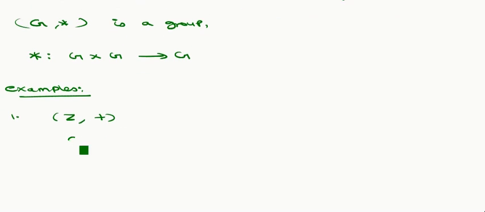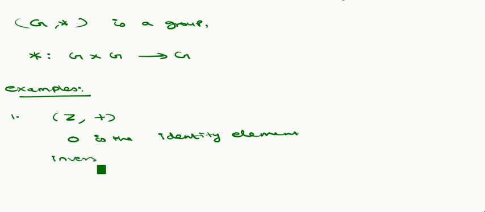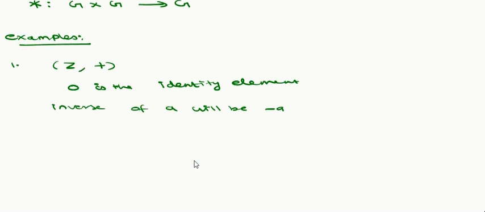Here 0 is the identity element, and if A is an element, the inverse of A will be minus A. Therefore the set of all integers under the operation addition is a group.